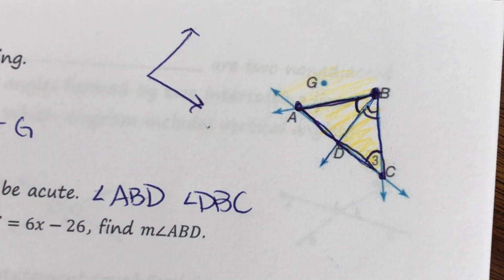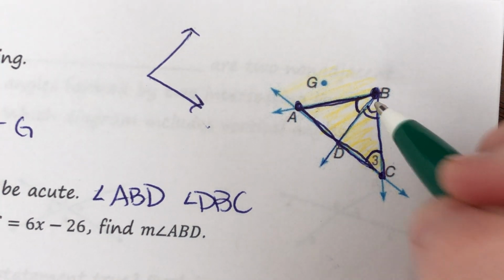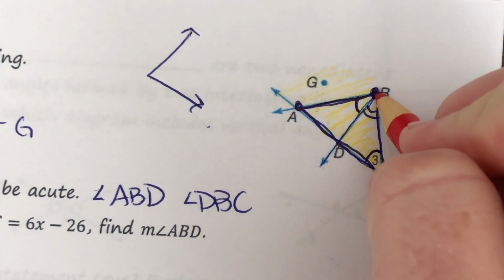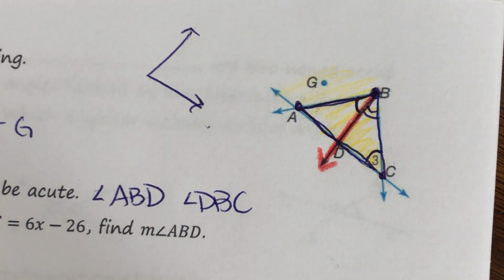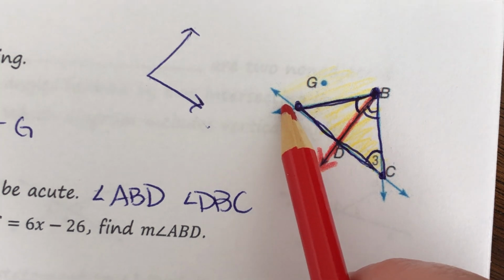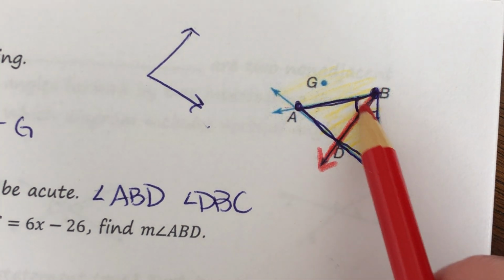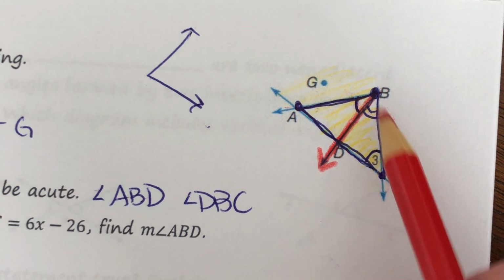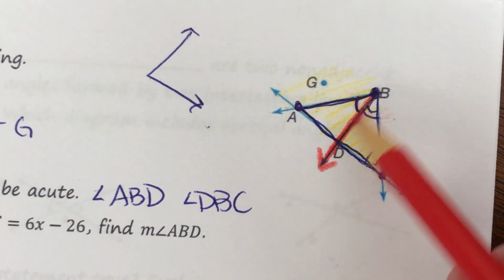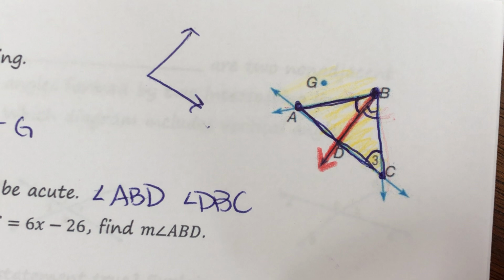Okay, and then last question, if ray BD, here I'll use colors, this guy right here, bisects angle ABC. ABC is this guy. So whatever this entire angle is, this red line bisects it. It means it cuts it exactly in half.